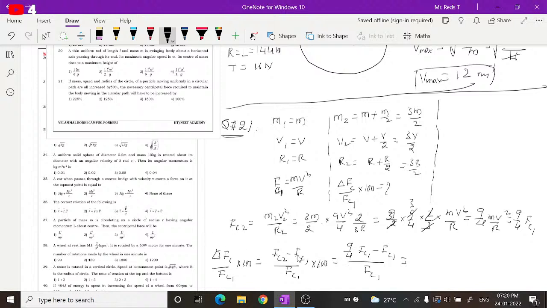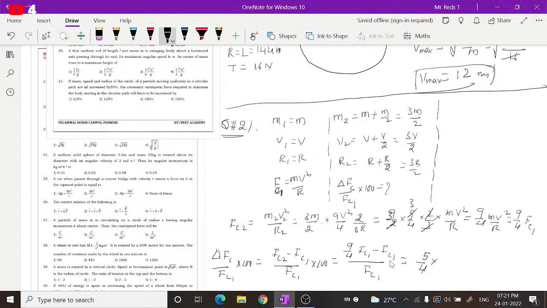If you take this common, then 9 by 4 minus 1 becomes 5 by 4. 5 by 4 into fc1 by fc1 gets cancelled. So it becomes 5 by 4. Is that it, or is there anything else? 5 by 4 into 100.